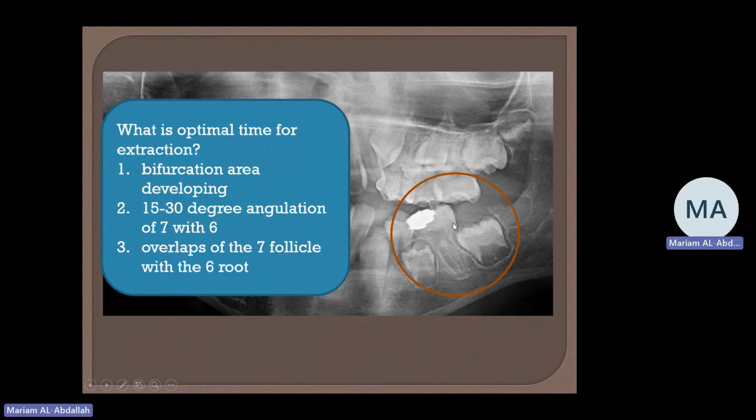We have a little bit of overlap between the 7 and the distal root of the 6, excellent. And the bonus, or actually it's not a bonus, it's an important factor, we have the follicle of the wisdom developing, and this is excellent. This is an excellent case to extract the 6 and allow the 7 to erupt in its place with minimal consequences.